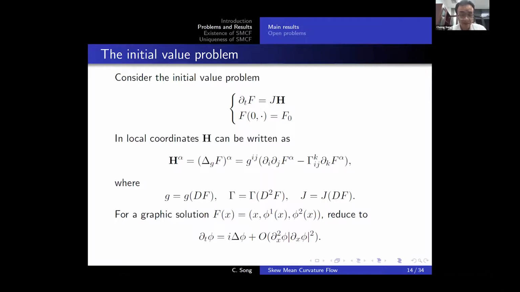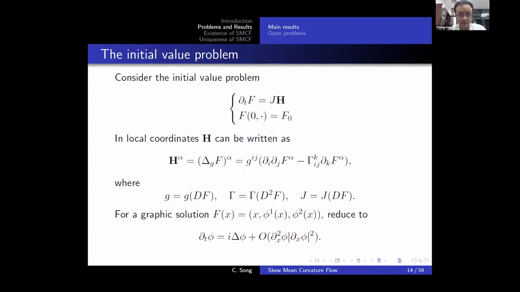So F of X, where X denotes a variable in n-dimensional Euclidean space, and we suppose that the image of F has a graphic representation by phi.